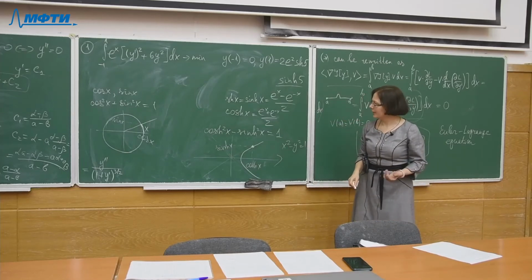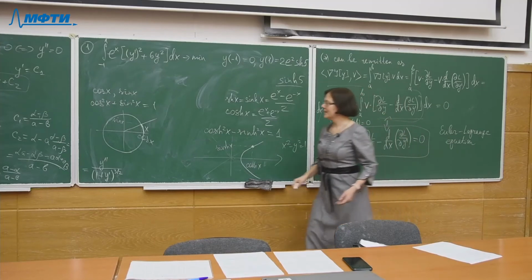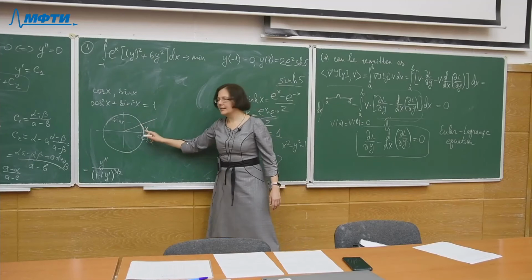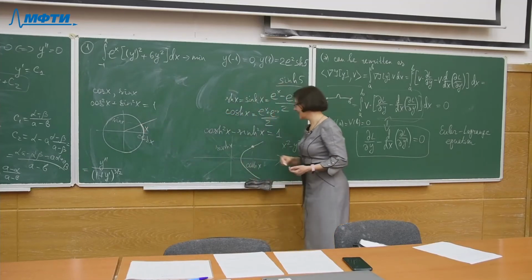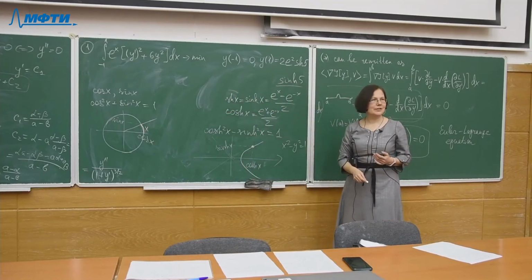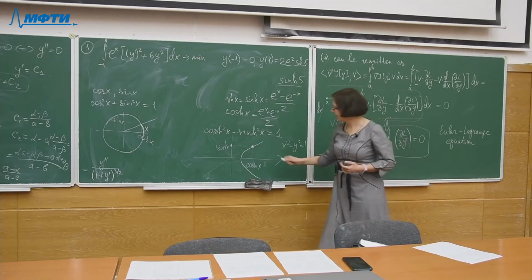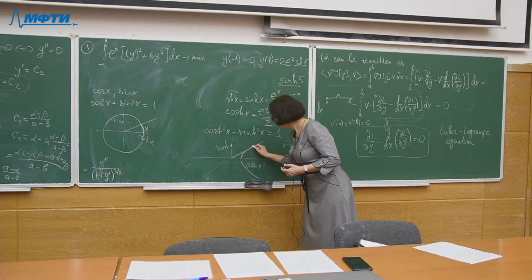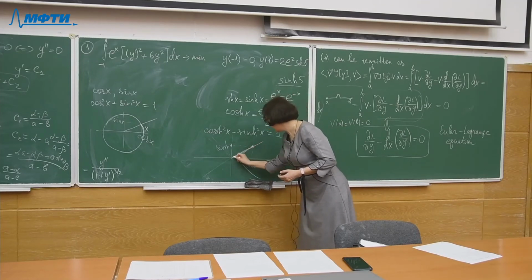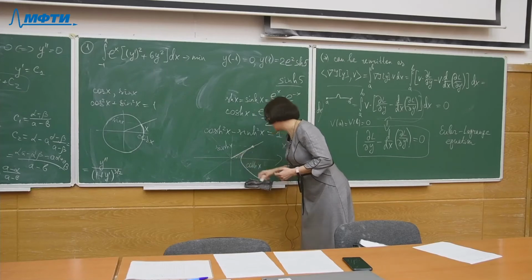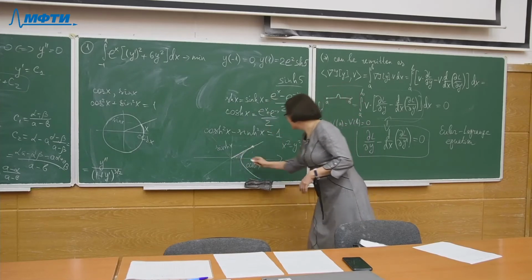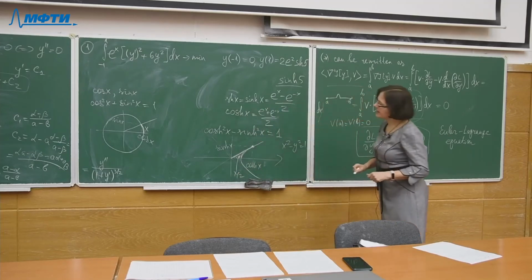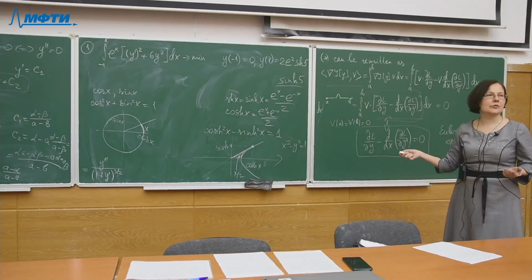What is the argument of these functions? The argument of trigonometric functions is the arc length, and in this case the argument is an area. This area is equal to x over 2. This is the argument.